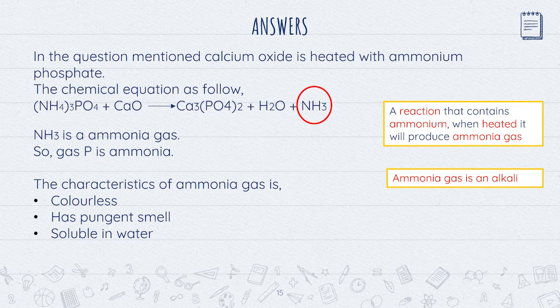But another characteristic is that ammonia has a pungent smell and ammonia is soluble in water. Remember, a reaction that contains ammonium, when it is heated, will produce ammonia gas. And then ammonia gas is an alkali.